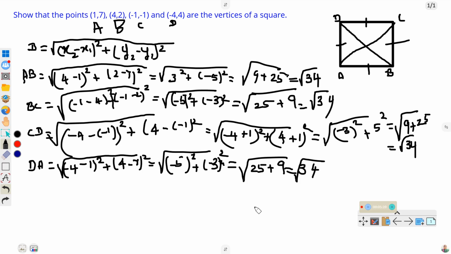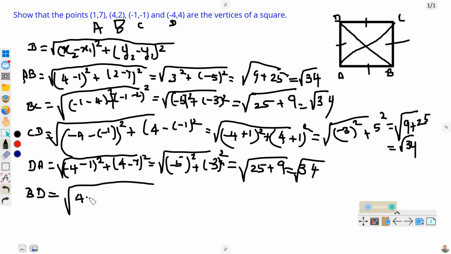Another check we have to do: the diagonals must also be equal. Then only we can say these four points form the square. BD. So now consider B is x1 y1, D is x2 y2. So what is B? 4, right?